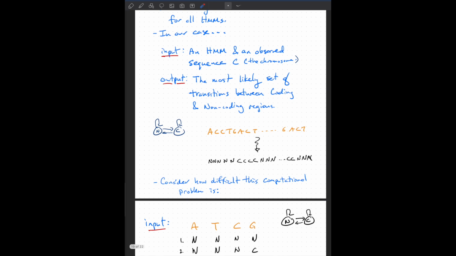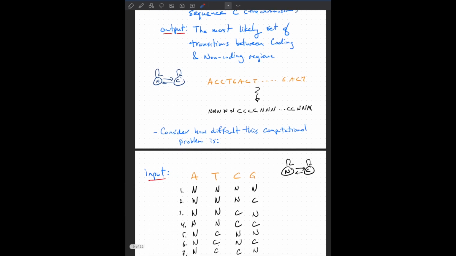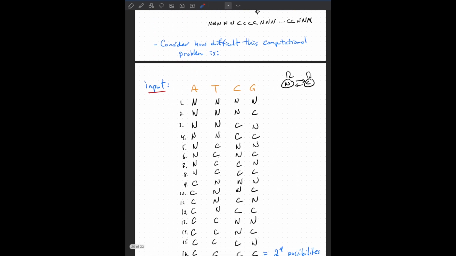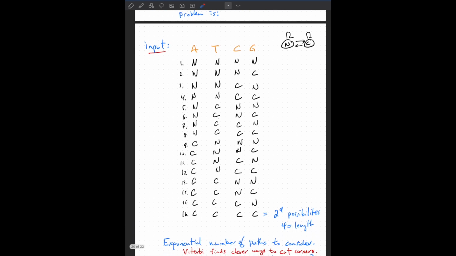This is a very difficult computational problem, extremely difficult. We talked a little bit about this before, about how many different ways you could have paths through this Markov model. So if my input is this sequence here and my hidden Markov model, how many different ways could I go through the model to generate A, T, C, and G?